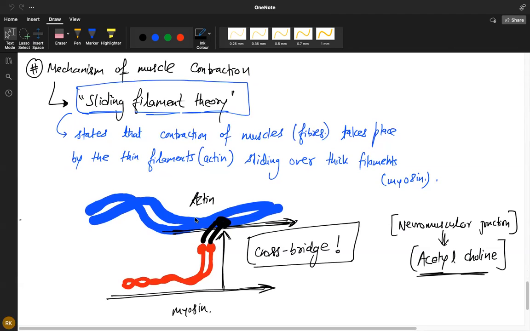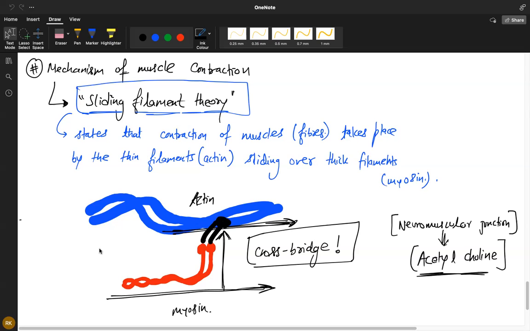The signal for contraction comes from the central nervous system through a motor neuron. This motor neuron forms a neuromuscular junction with the sarcolemma and releases the neurotransmitter acetylcholine. Then this neurotransmitter release generates an action potential in the sarcolemma, which spreads throughout the muscle fibers.